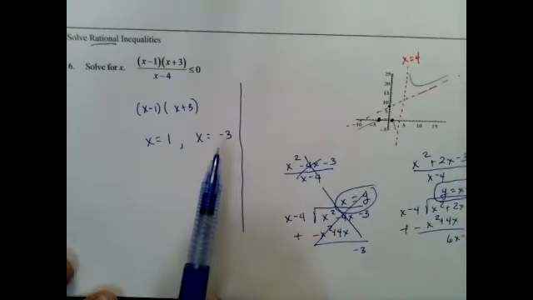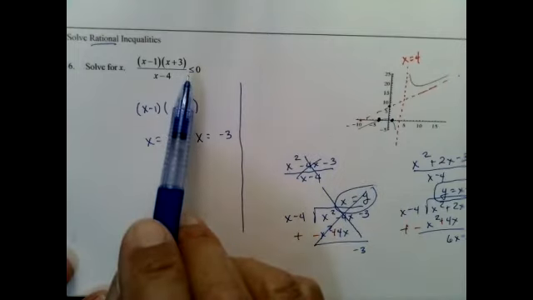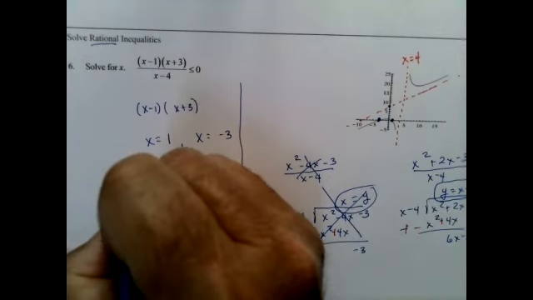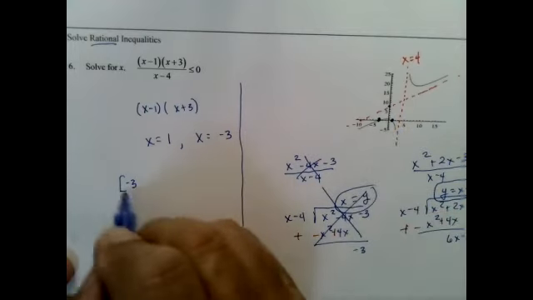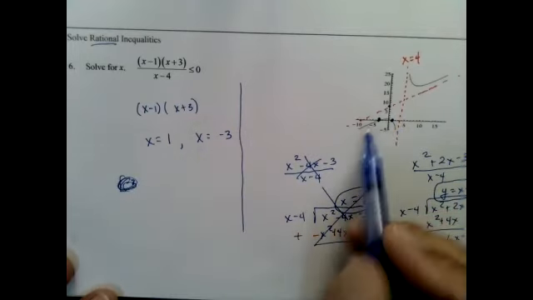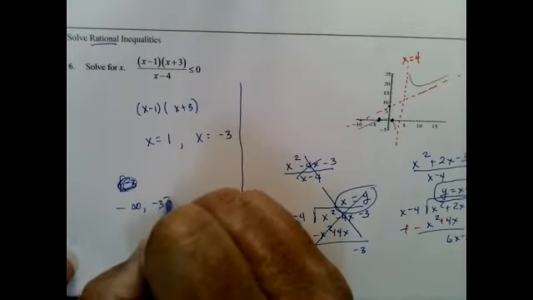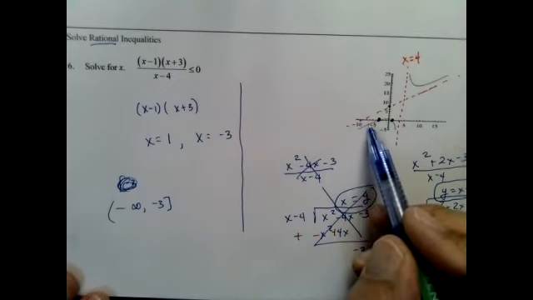Back here, 1 and negative 3. If I'm able to look at the graph, when is it less than or equal to 0? It's going to be equal to 0 at negative 3. It's less than, oh, I can't write it that way. It's less than from negative infinity all the way up to negative 3. Here's all my less than values.